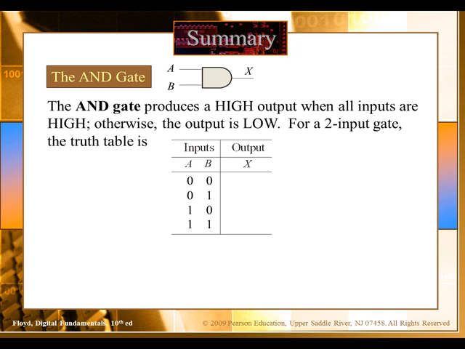Let's try to see whether we can find it. We can just tell it in a plain English sentence. AND gate gives you high or 1 when all the inputs are high. So that is the only time it will give you high.